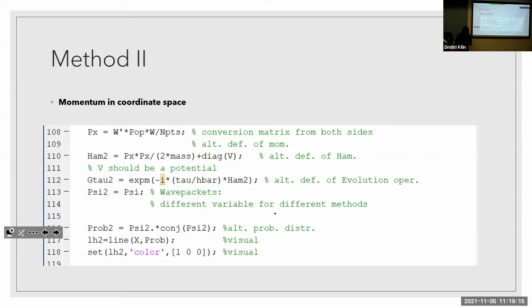Then we have our Hamiltonian, which this time will be px squared divided by 2 plus our diagonal potential energy. Using the Hamiltonian, we obtain a new evolution operator, and then we plot our wave function.